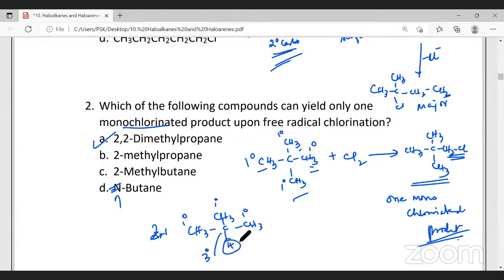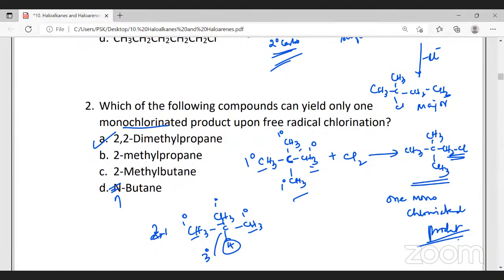So, any one of these hydrogens can be replaced from here. So, you'll get two different chlorinated products here. You should be in a position to identify. Even though this is a quaternary carbon atom, we don't have hydrogen for substitution. Similarly, with 2-methyl butane and normal butane.